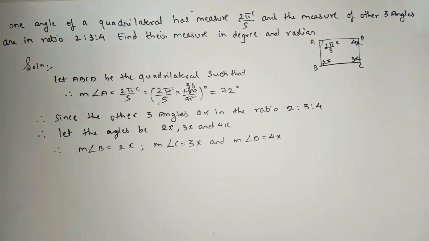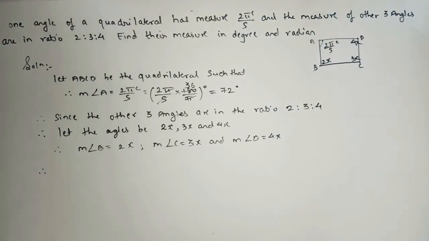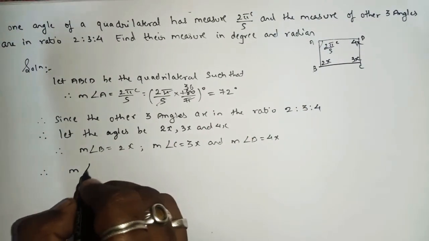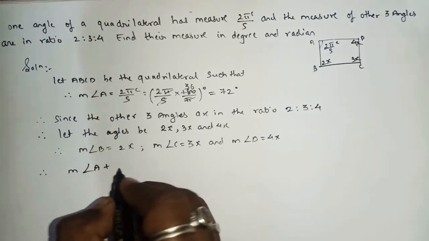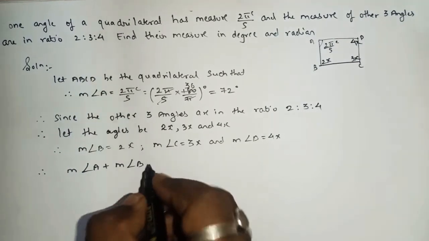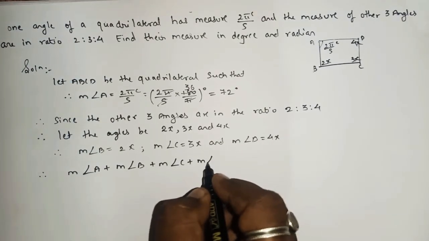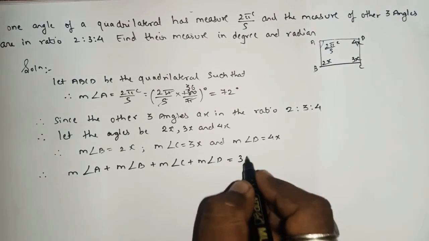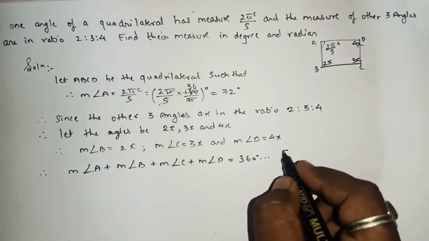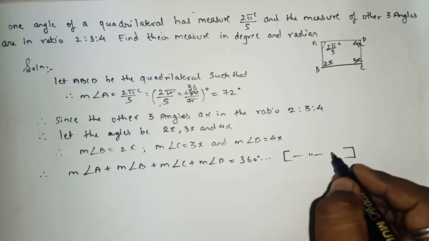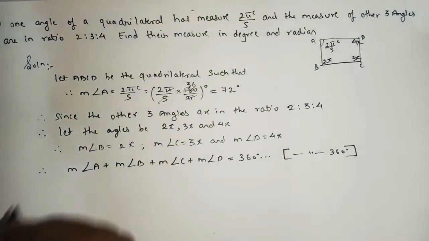Got the point? So we know that the sum of the angles of the quadrilateral is 360. So we'll apply the property: angle A plus angle B plus angle C plus angle D is equal to 360. Here, if you want, you can write the reason: the sum of the angles of the quadrilateral is 360.